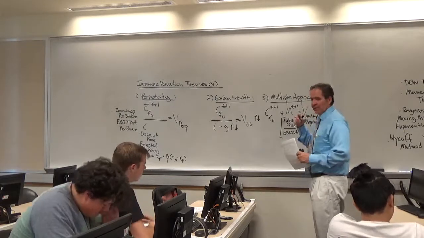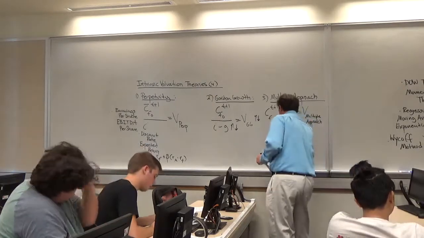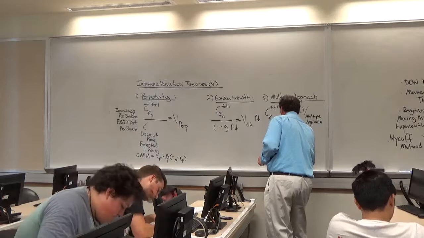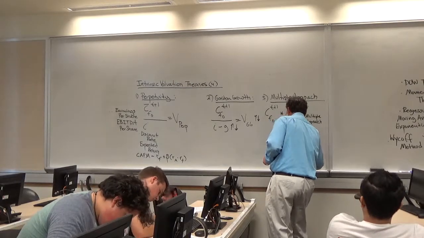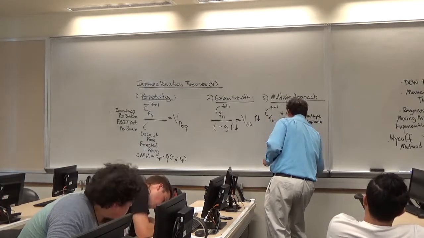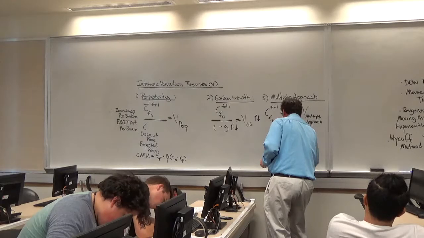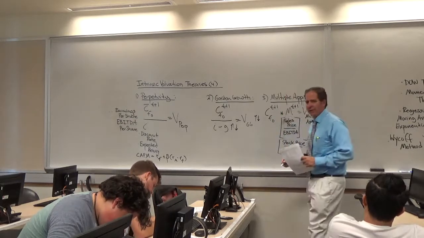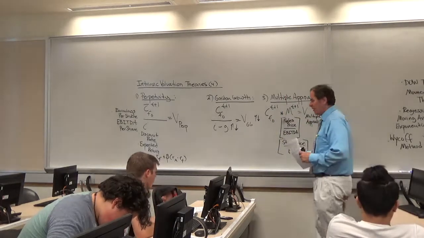Okay. For stocks, what I'm using is stock price divided by the earnings per share. This is called the price earnings multiple.